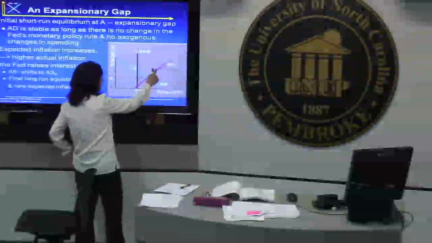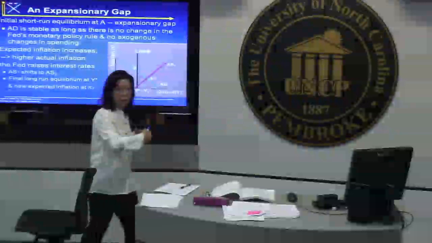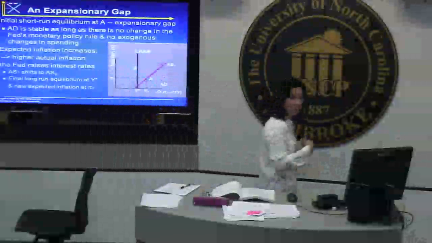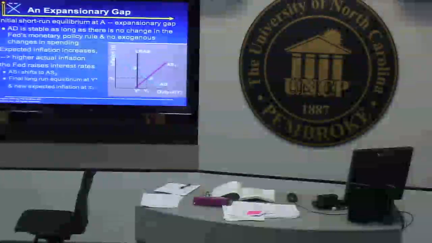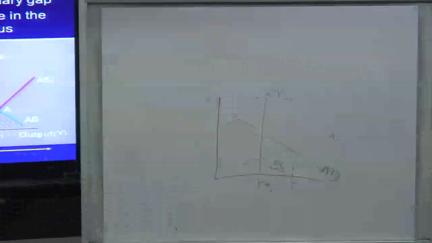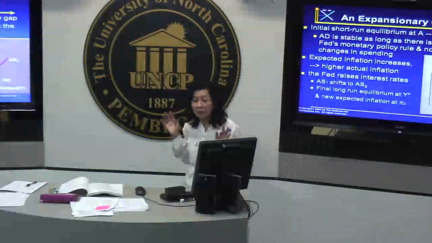Right here, and you drop that line down and the gap is getting bigger and bigger as I walk this way. I'm like the horizontal line. It gets wider. Say goodbye, the potential GDP is further and further away. So that's the wrong approach.